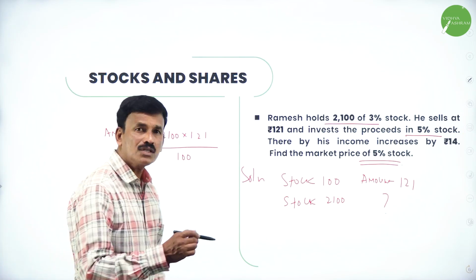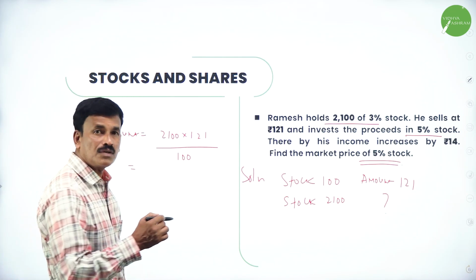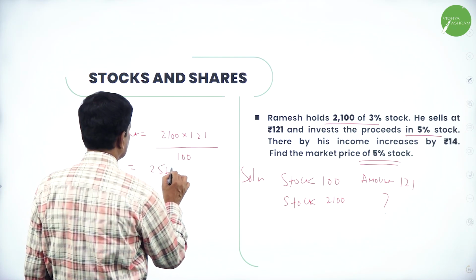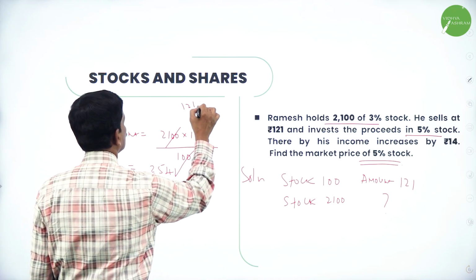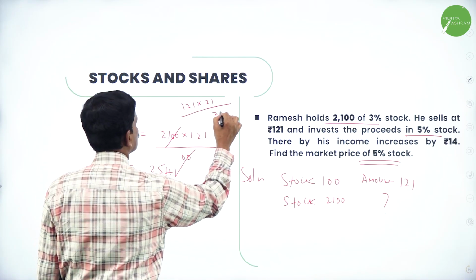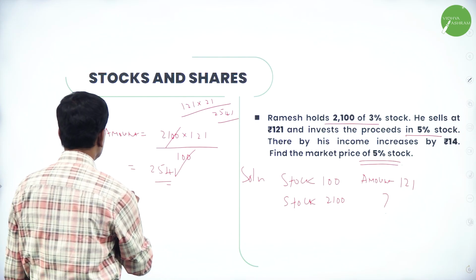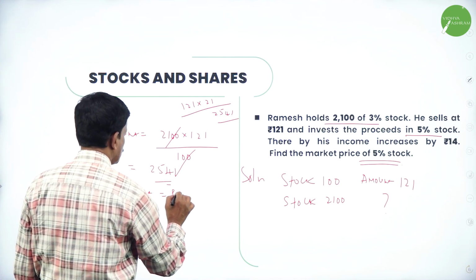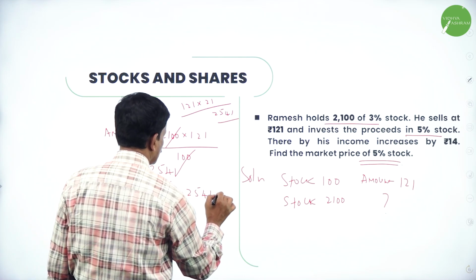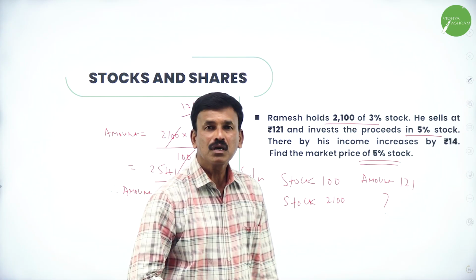If you simplify, you get 2,541, as the 100 gets cancelled and 121 into 21 is 2,541. Therefore the amount is rupees 2,541.